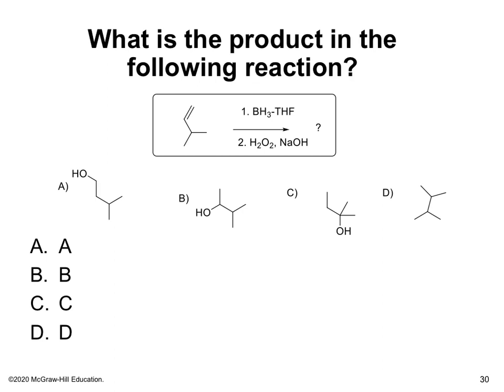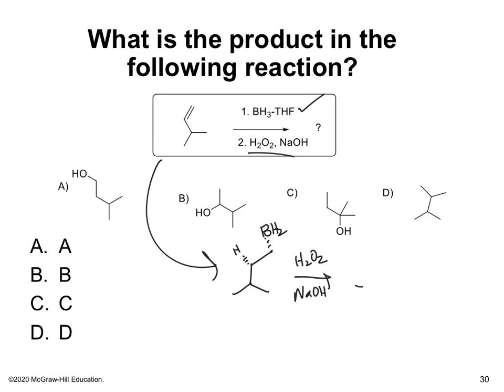Here, it's asking for the product. The other one we had to do the reactants. This one's the product. And so the first step, you want to take the time to put your H and your BH2 here, and then the hydrogen peroxide and sodium hydroxide would give you OH.